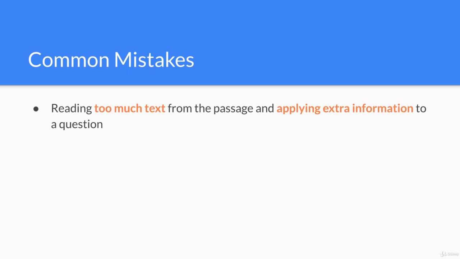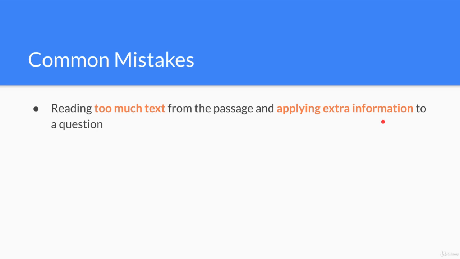And if you do this, you're going to get confused between the different multiple choices. You're going to ask yourself, is the correct answer option A or is the correct answer option B? You'll not be sure because you have read too much text and now you're applying more information to the question than you need to.